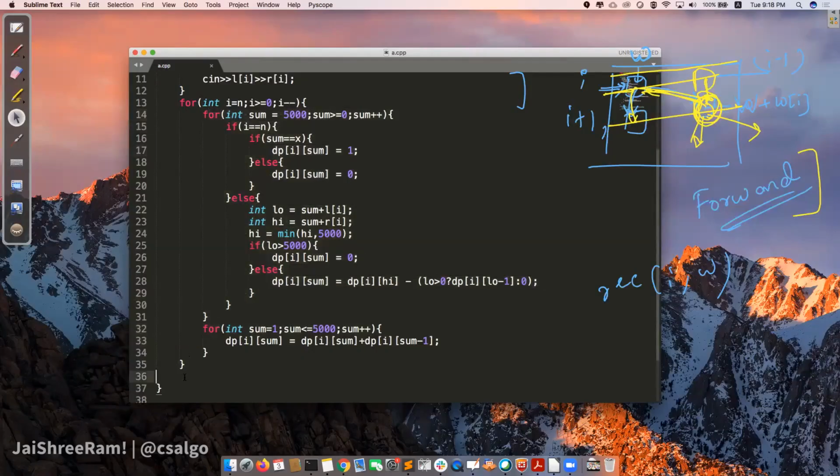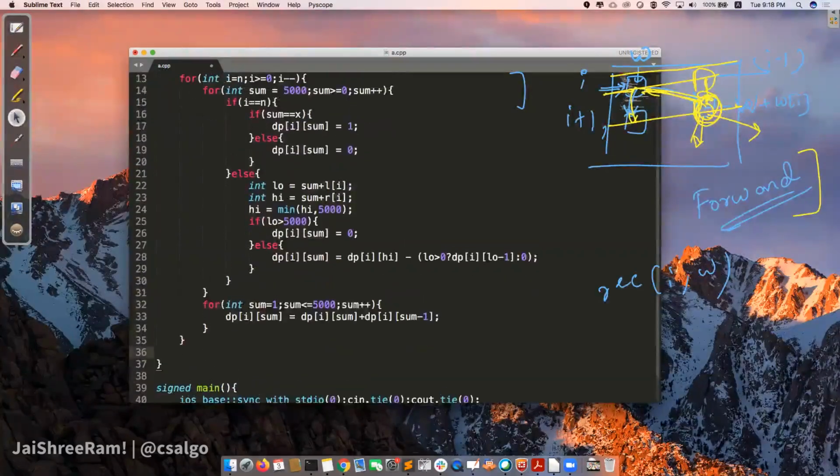Now with this done, how do we know the answer? What is the answer now? Can somebody quickly tell me that? That was correct, but in this code it will be wrong.